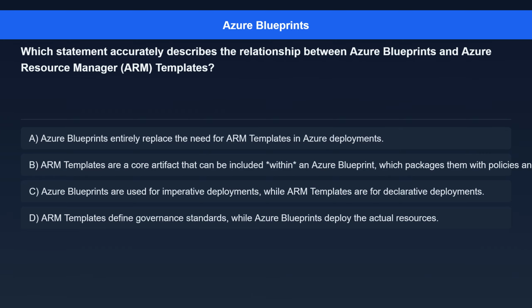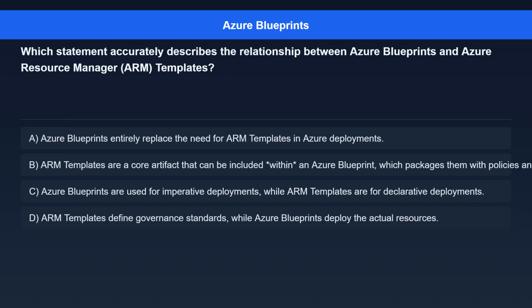Question 9. Which statement accurately describes the relationship between Azure Blueprints and Azure Resource Manager (ARM) templates? Option A. Azure Blueprints entirely replace the need for ARM templates in Azure deployments. Option B. ARM templates are a core artifact that can be included within an Azure Blueprint, which packages them with policies and RBAC assignments.